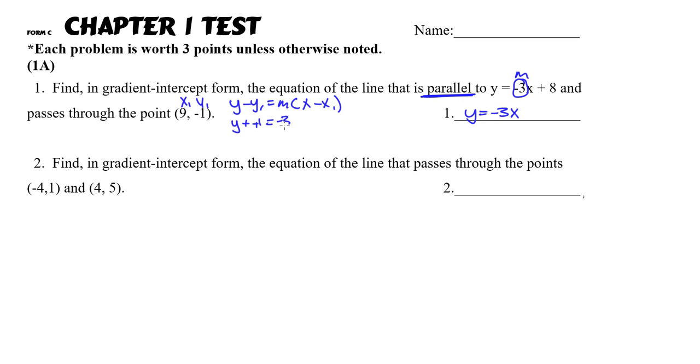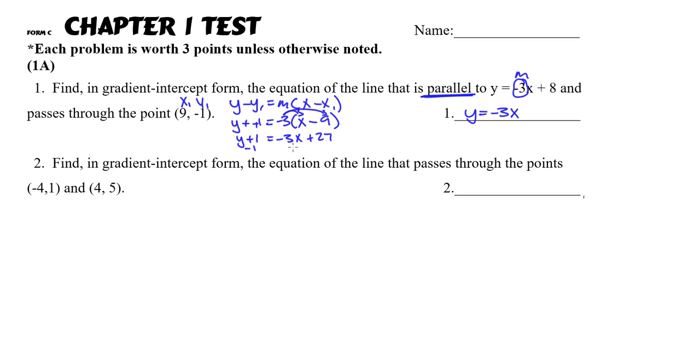Slope is negative 3, and then we do x minus 9. So we've got y plus 1 over here. Distribute the negative 3 through both pieces here. Negative 3x. Negative 3 times negative 9 is positive 27. I usually like to go negative times negative is positive, 3 times 9 is 27, doing it bit by bit to make it easier.